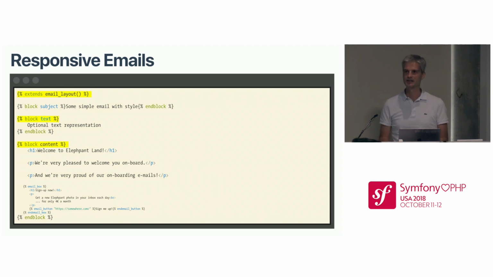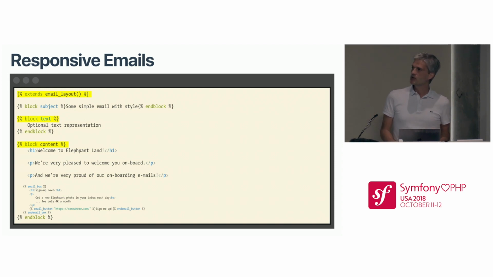So we are extending a template now, which means that we don't have an HTML block anymore. We have a content block, right? So the subject is exactly the same. The text one is exactly the same, but now for the HTML, we only care about the content. We do not care about the layout anymore because that's part of the layout.